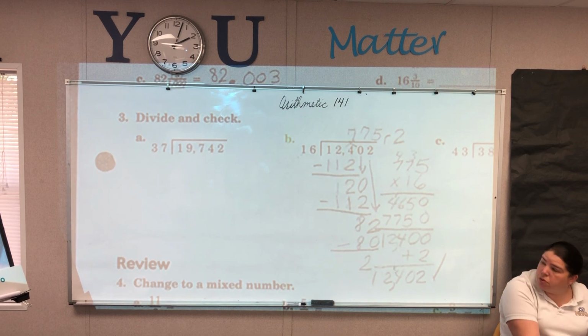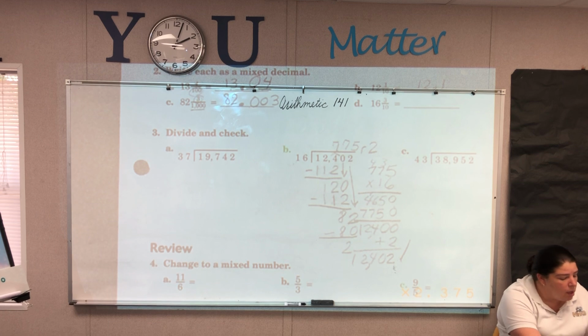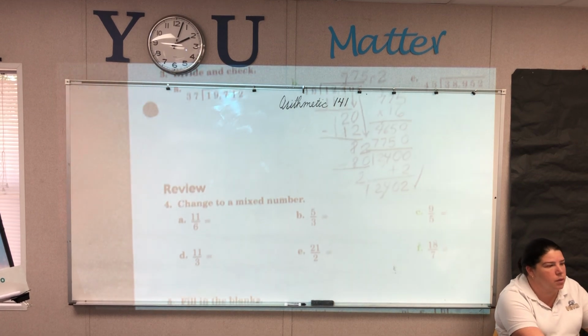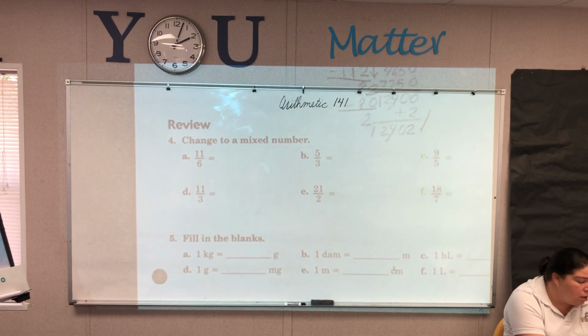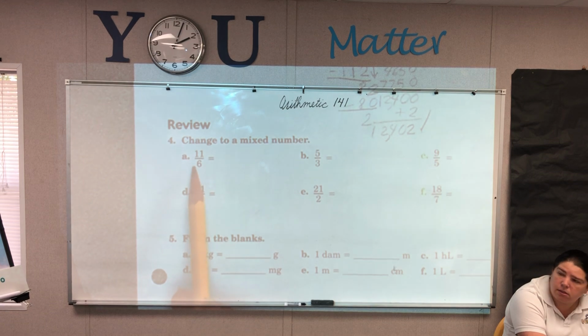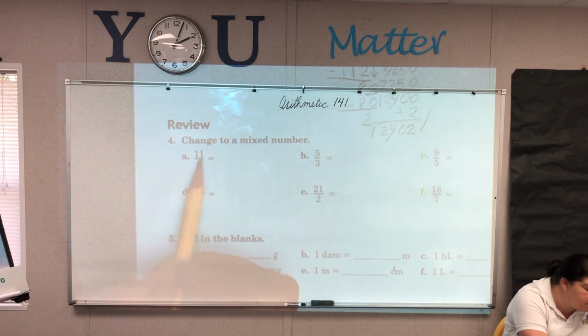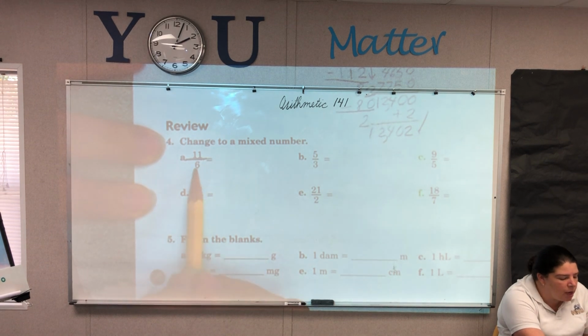I'm going to zoom out a little bit. All right, on the bottom, let's see here if we can do this a little easier. Your review. Change to a mixed number. 11/6. Remember we said that this fraction line is really a division line. 11 divided by 6.